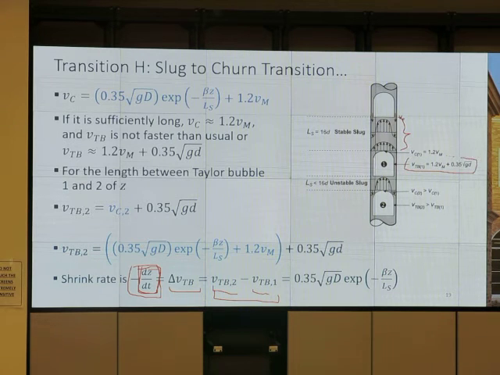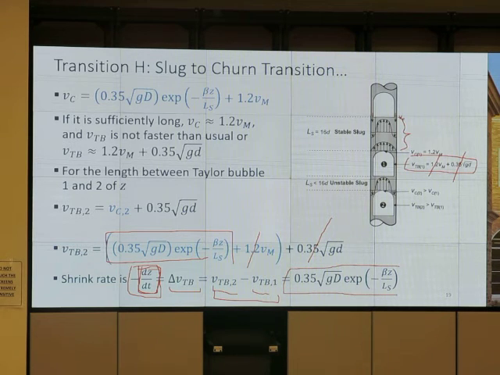VTB2 minus VTB1, I get that term cancel with that term, 1.2 Vm cancel with 1.2 Vm. That's the rest. Good? Now we have the shrink rate.